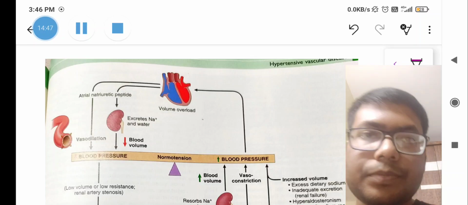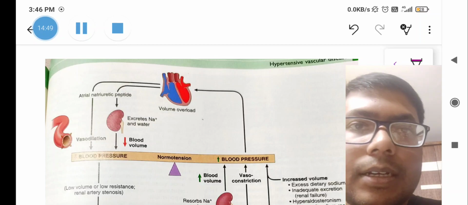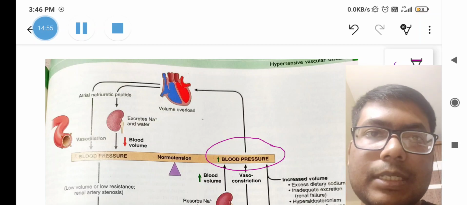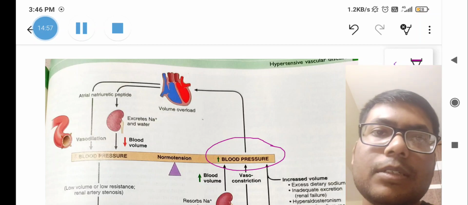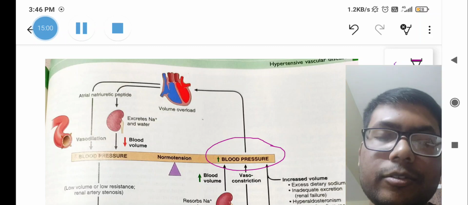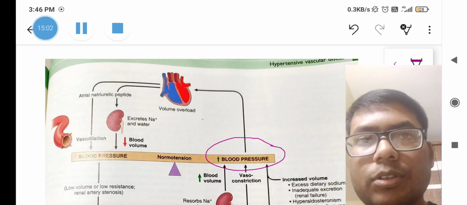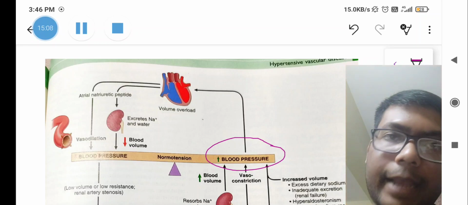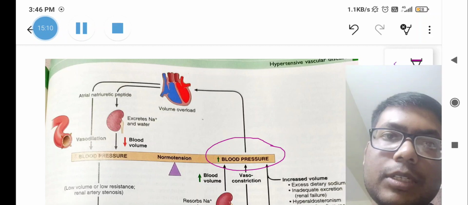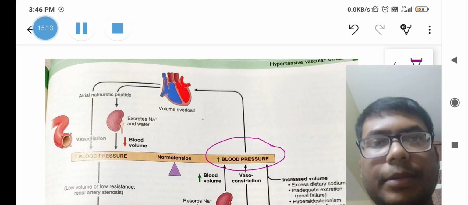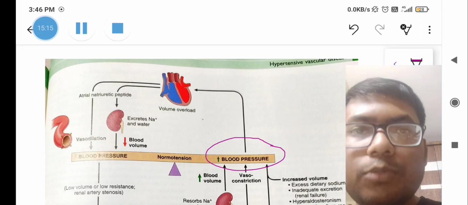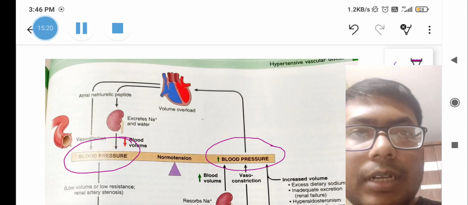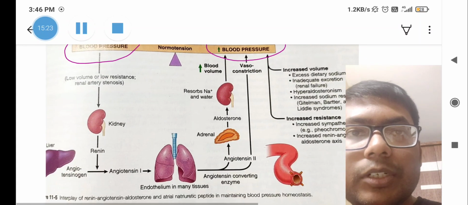If there is volume overload in our body and blood pressure is increased, then the volume overload is sensed by the atrium of the heart, causing release of the atrial natriuretic peptide, which acts on the kidney and causes excess loss of sodium and water, decreasing blood volume, and also causing vasodilation. So these decrease our blood pressure.